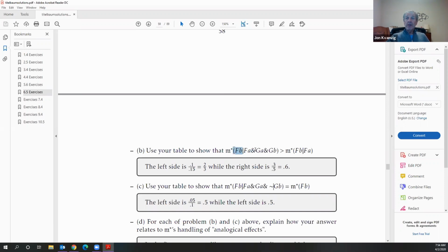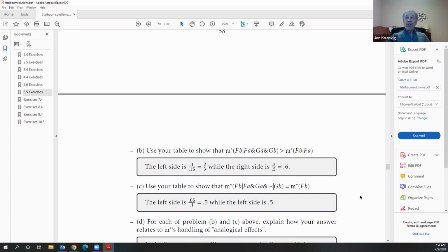So for example, part B shows that if you learn certain things, they can change the probability of a claim. So if all you knew was FA and then you came to learn GA and GB, the probability of FB goes up relative to what it was before. So at least some learning from experience can occur by M star.